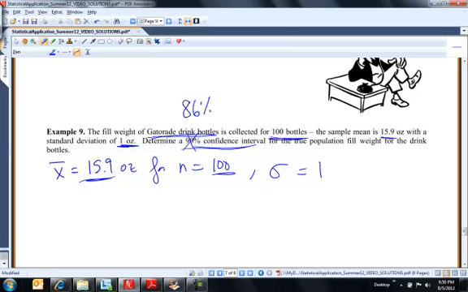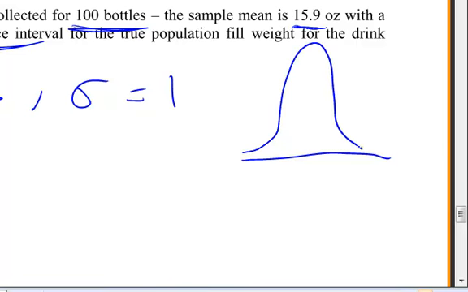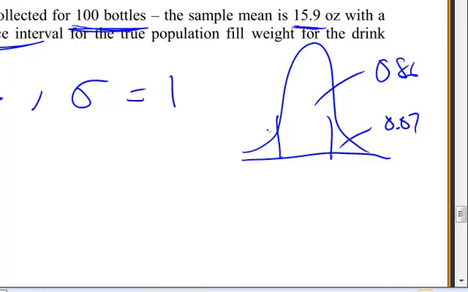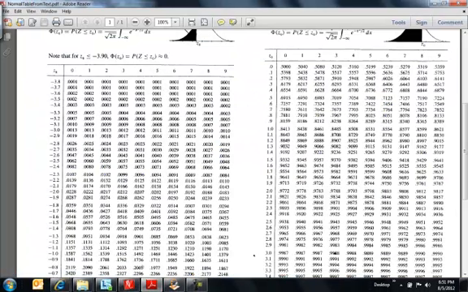Let's make it an 86% confidence interval. So what is 86? That's 14 left over, so we want 7% in each tail, right? If this is an 86% interval, I want to figure out what 0.07 is. So let's go to our Z table. 0.07 is kind of in here, not perfect.